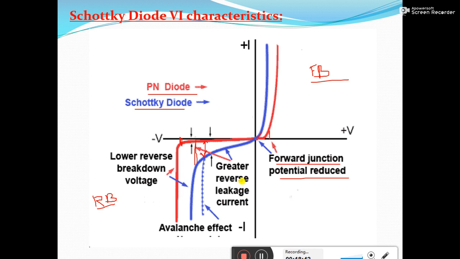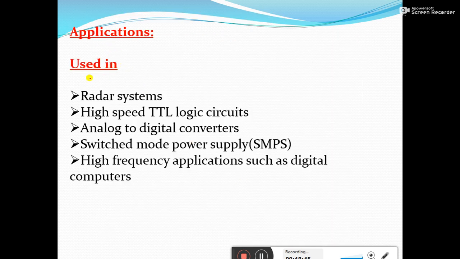Next we see the applications. They are used in radar systems, high-speed TTL logic circuits, ADCs, that is analog to digital converters, in SMPS, that is switched mode power supplies, and in high frequency applications such as digital computers. This one I have already told you: as the frequency of the supply voltage increases, the normal diodes won't be suitable for the operation because of their slow reverse recovery time.